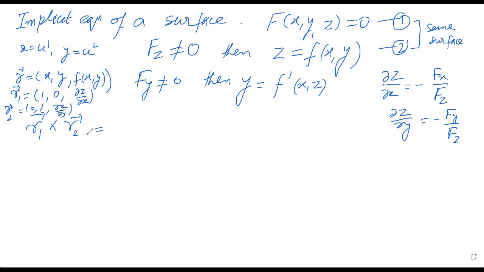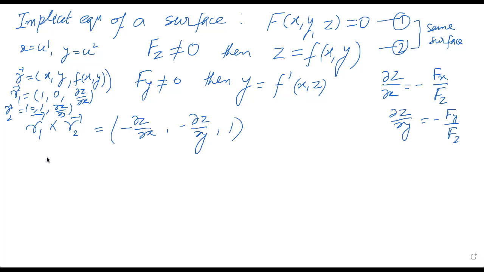So what about R1 cross R2? You can take the cross product by taking the matrix product in determinant form. It will come out as minus del z over del x, minus del z over del y, and 1.